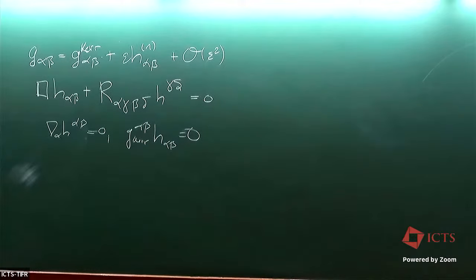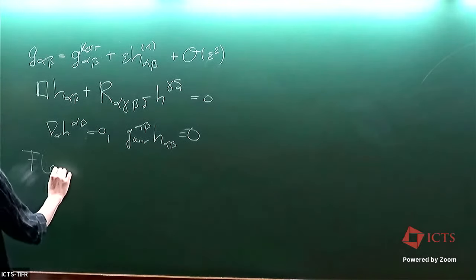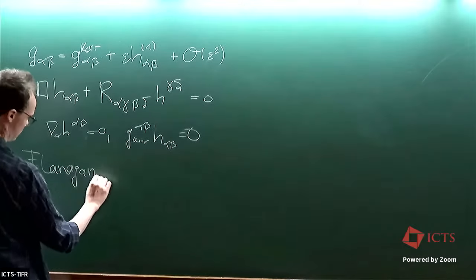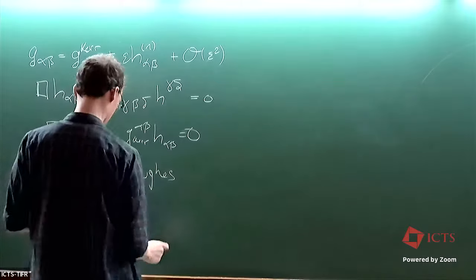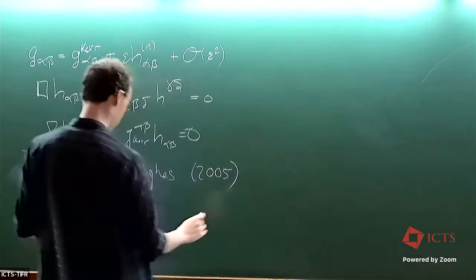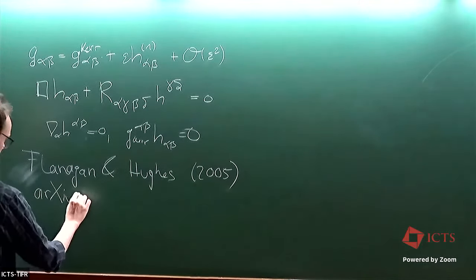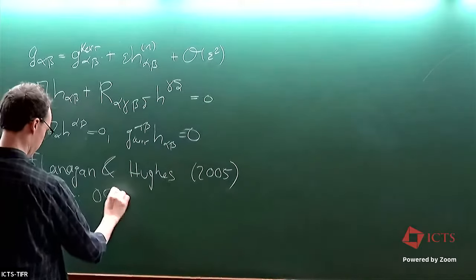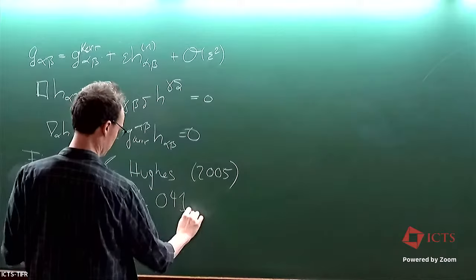Okay? And I don't want to derive this here because it's extremely lengthy, but I can refer to this excellent review by Flanagan and Scott Hughes from 2005, I believe, with the arXiv number 0501041.